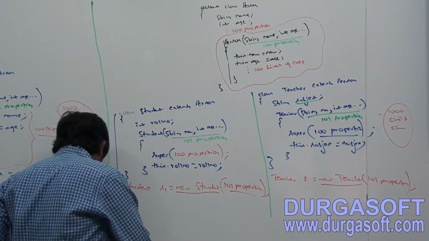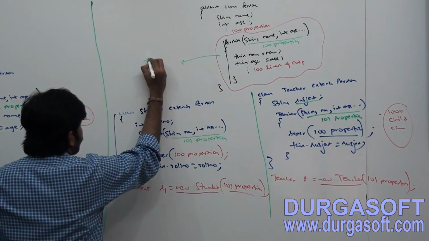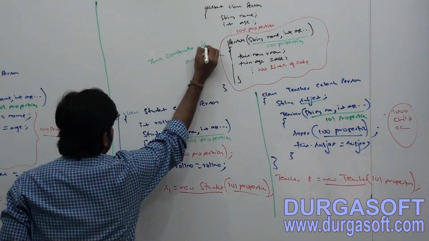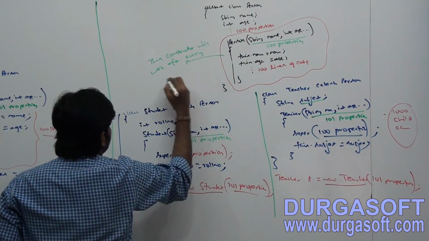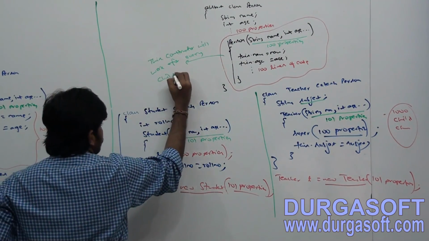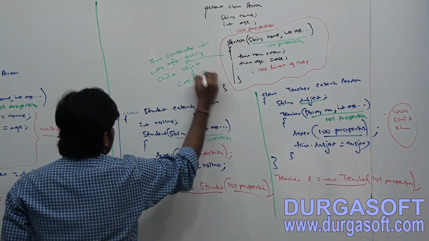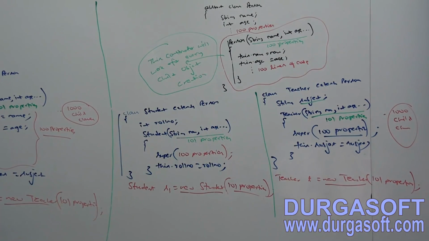Okay, one minute, let me add. This constructor will work for every child object creation. Take this code clearly.